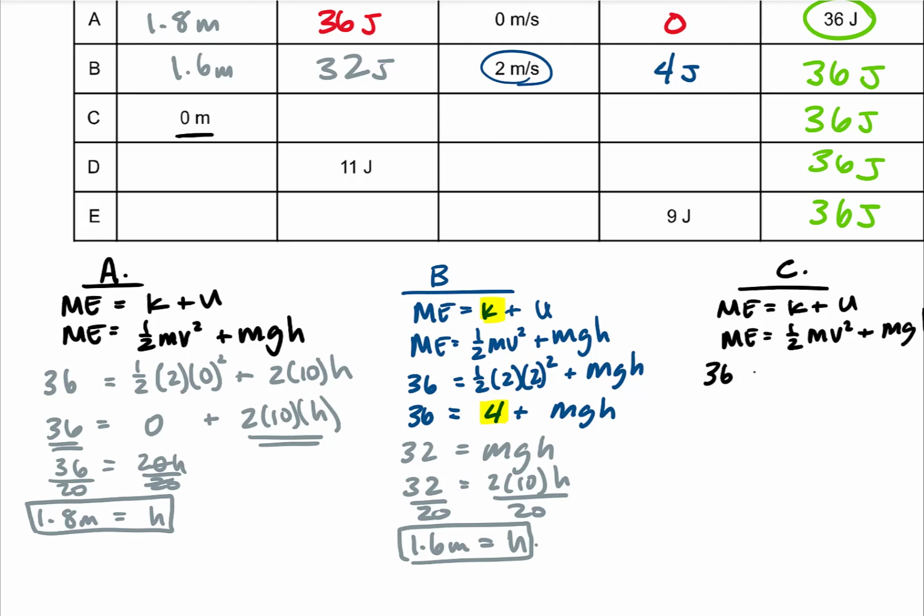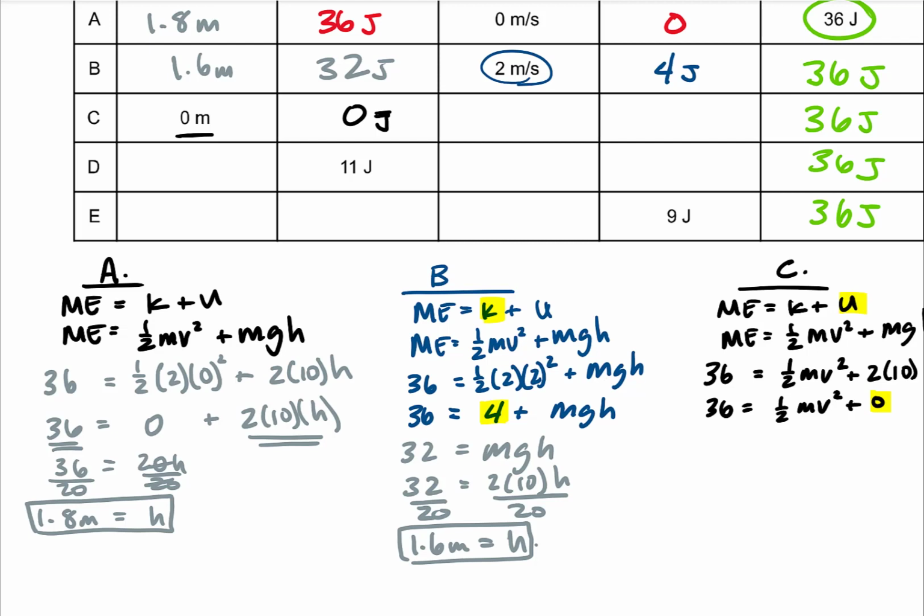So 36 joules, my mechanical energy, and using the same number for total mechanical energy every single time is the conservation of energy. That's equal to 1/2 mv squared plus 2 times 10 times the height of 0 meters. So I've got 36 equals 1/2 mv squared plus 0. So that tells me that my potential energy is 0 joules.